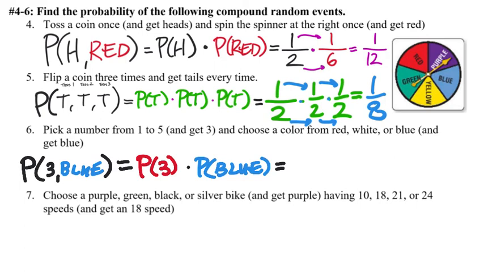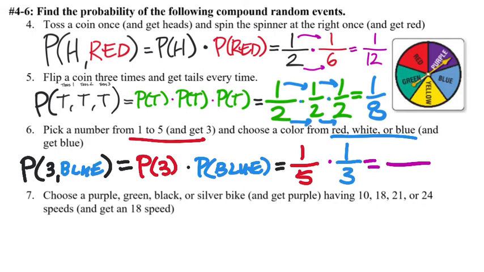So the probability of getting 3 from picking a number from 1 through 5, of course there's 5 different values to choose from, so it's out of 5, 3 is one of those, 1/5. What about the probability of blue? Well, there's only 3 different colors there, so in my fraction, it's out of 3 different colors, and one of those is blue. So we're going to have to multiply these out to get our final fraction.